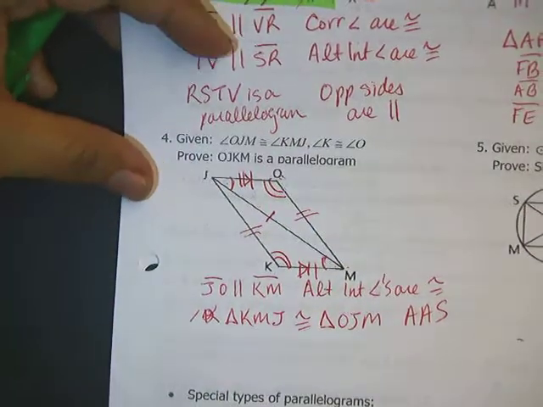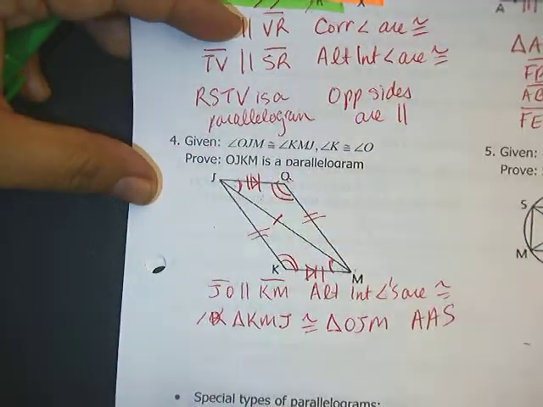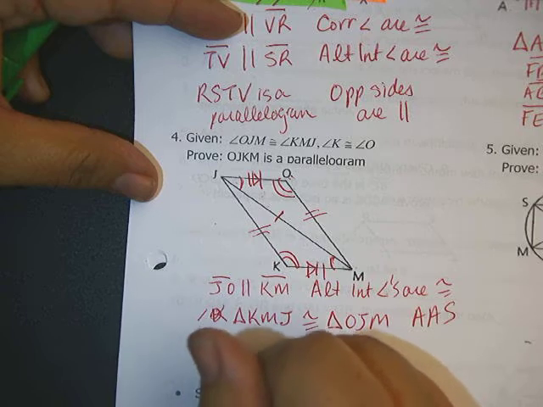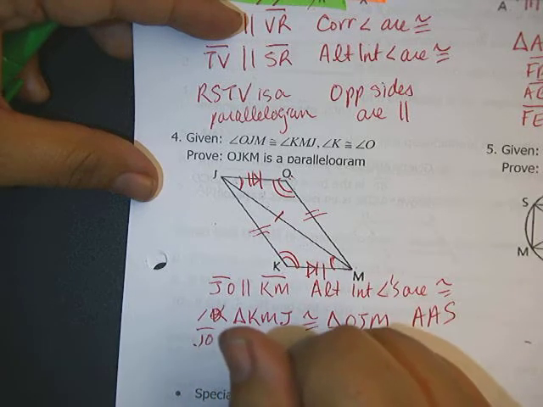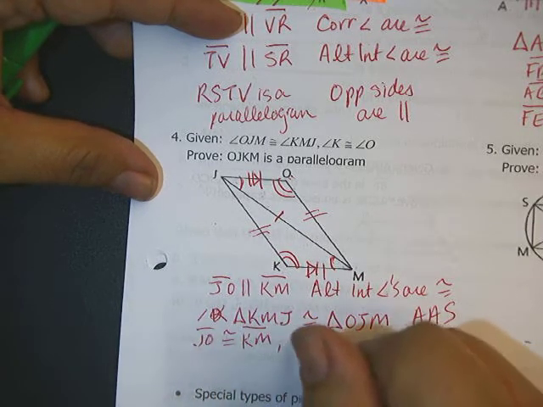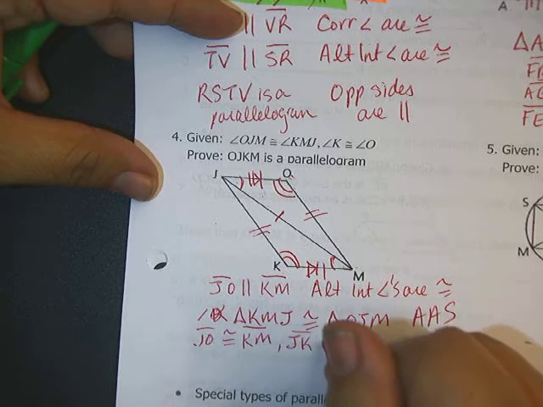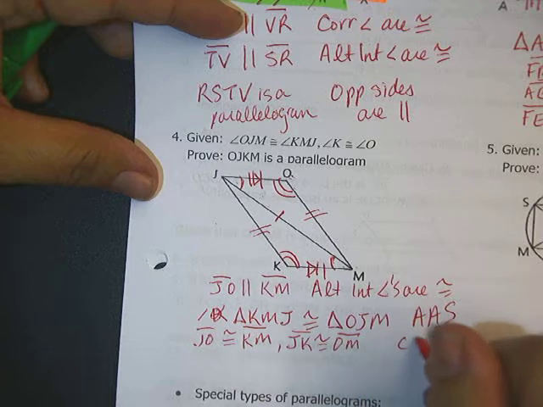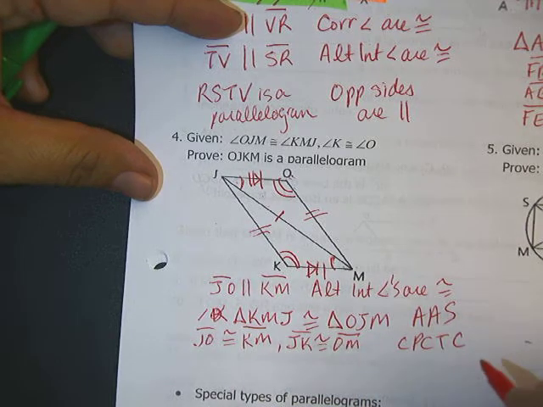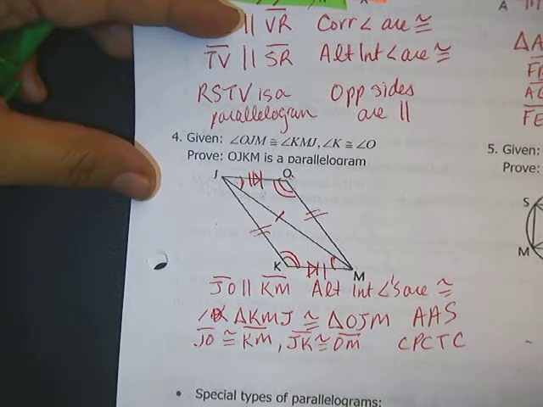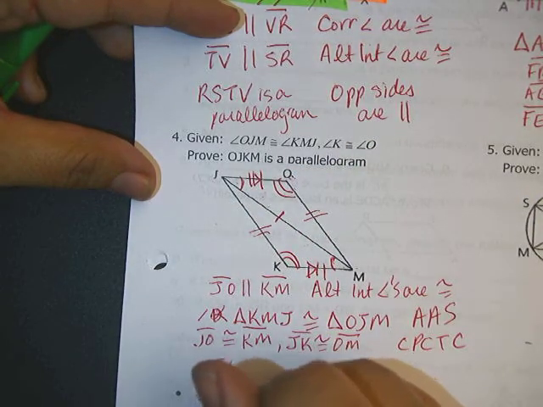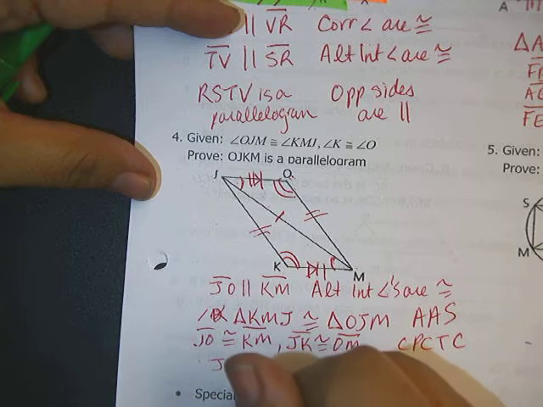Okay, so what does that mean? Well, then corresponding sides are congruent, right? And these corresponding sides are congruent. I don't even need to know parallel, right? Because opposite sides are congruent. This is a parallelogram. So I'm going to go ahead and say JO is congruent to KM, and JK is congruent to OM, and that's by CPCTC.